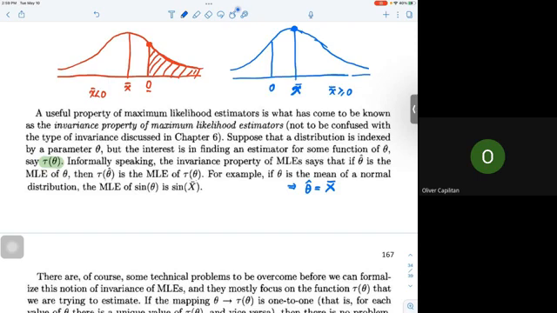We have solved that before in our example. If theta is the mean of the normal distribution, then the maximum likelihood estimator of theta, theta hat, is equal to the sample mean, x bar.